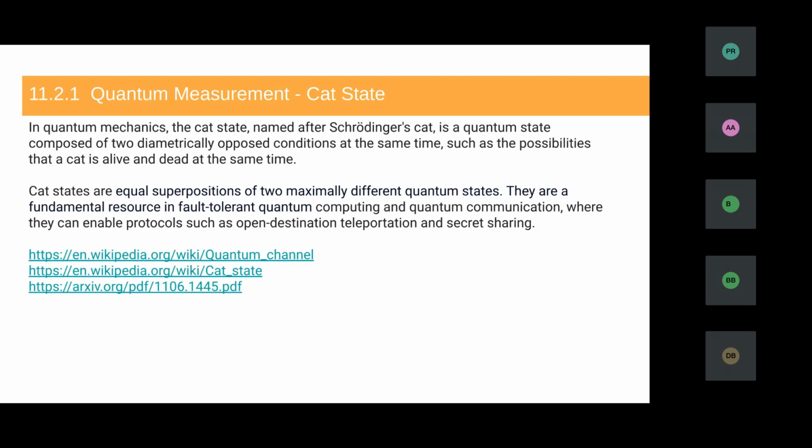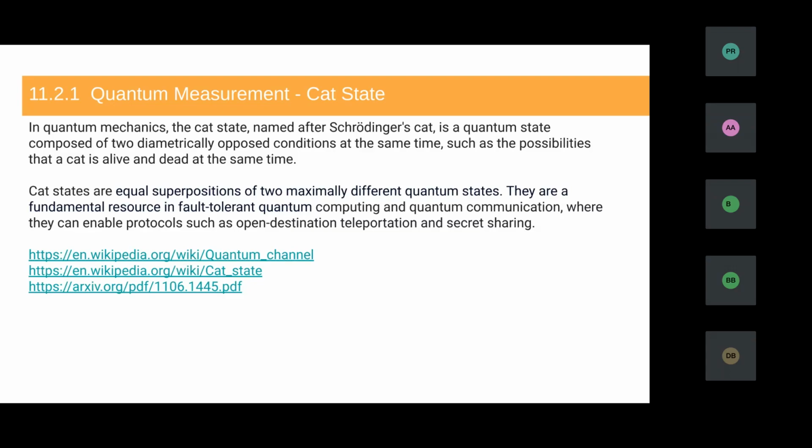But if it is inside the box, until you open it, you won't know. So that is called the cat state. You can think of it in terms of either a wave or a particle. Either way, the condition is not known. There is only a probability that it may be dead or it may be alive. So that is called the cat state.